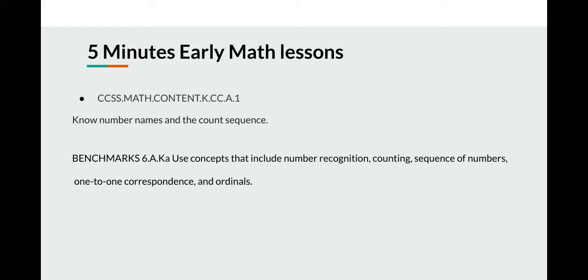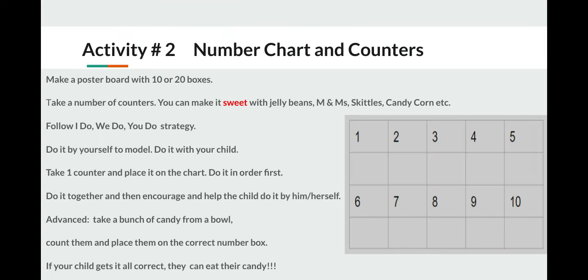Once they have mastered that, you can count forward and backward, count in twos and threes and tens. So, now that we have emphasized how important oral counting is with your child, we are going to be doing many activities that will be based on this number concept.